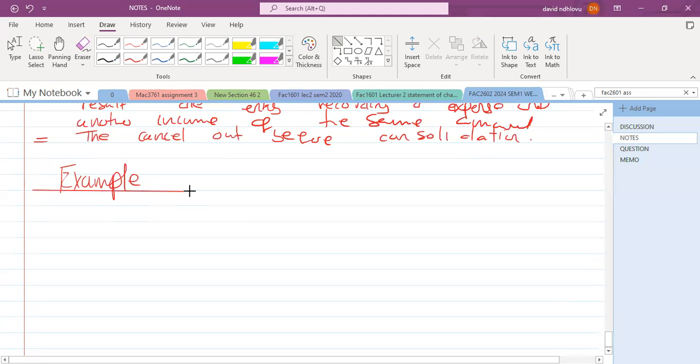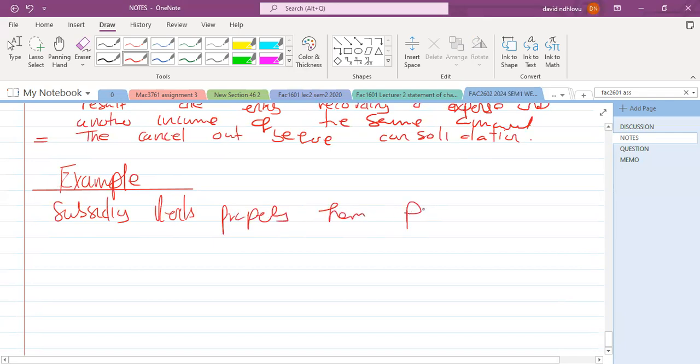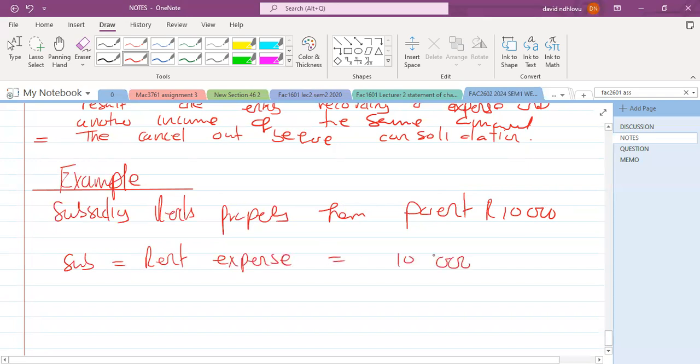Right, a subsidiary rents a property from the parent, 10,000 a year. Right, to the sub, the rent represents an expense of 10,000.